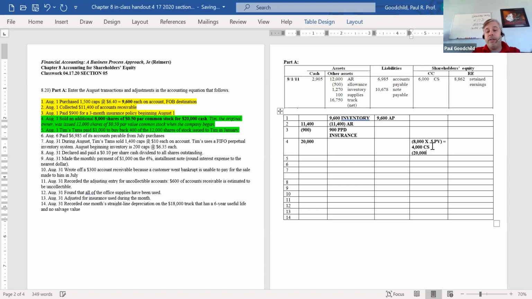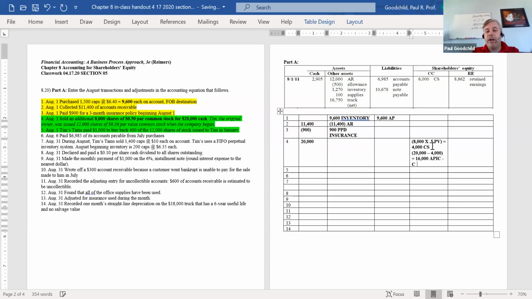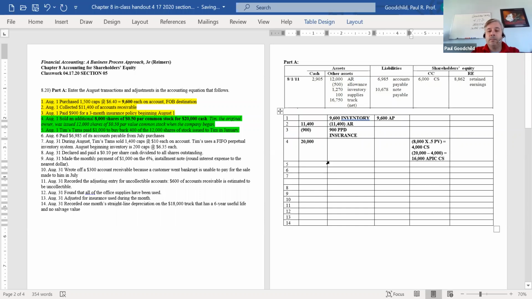You take the 20,000 proceeds minus the $4,000 for common stock, and you get $16,000 in additional paid in capital for common stock. Okay. So we've finished with number 4.